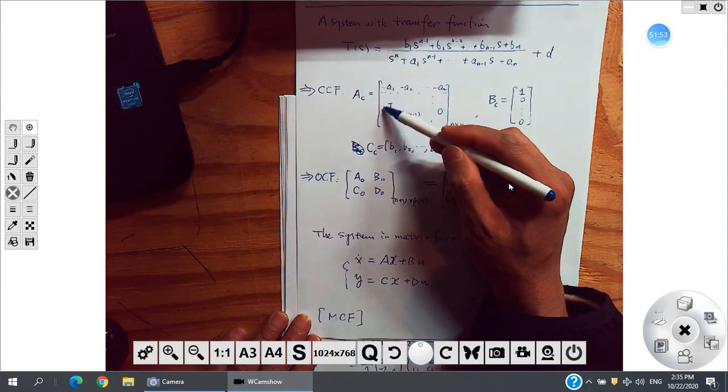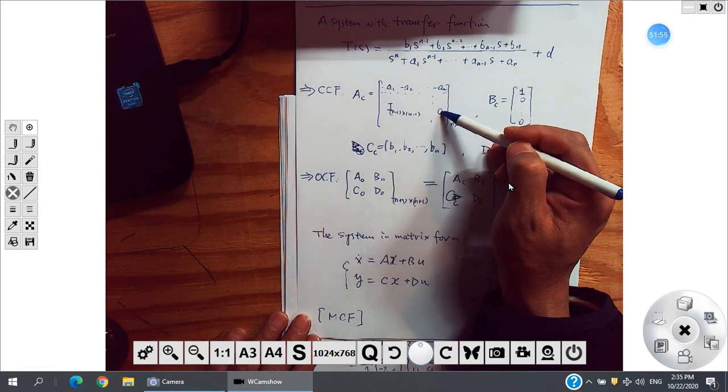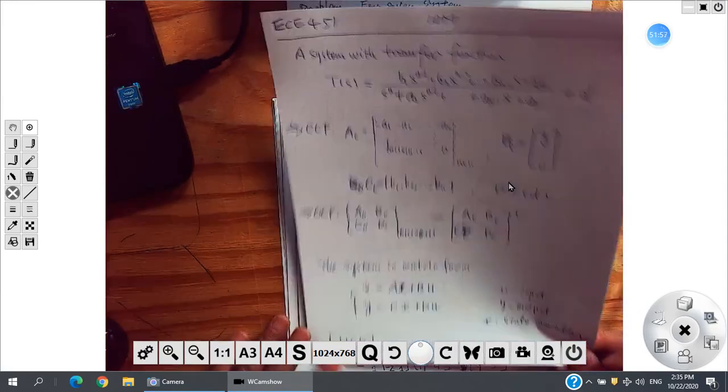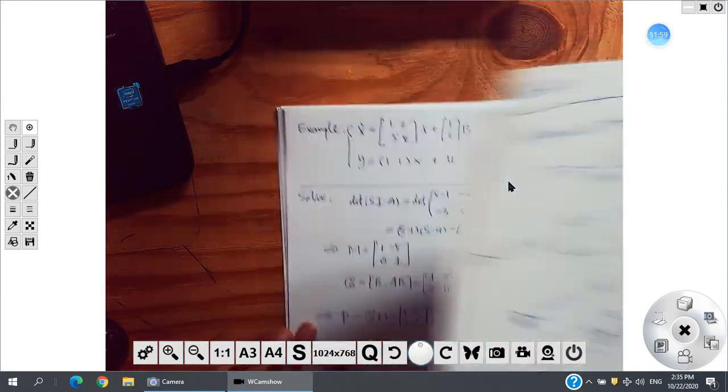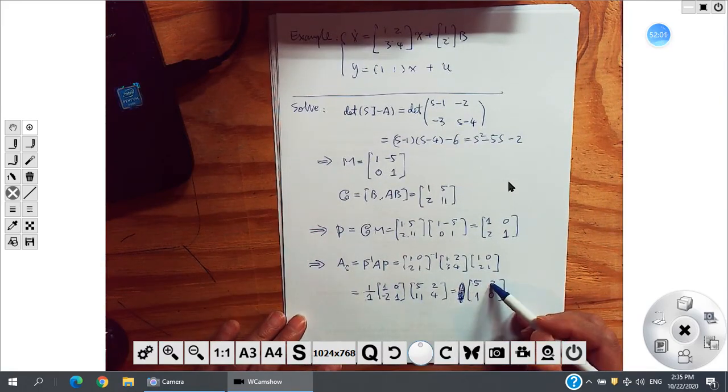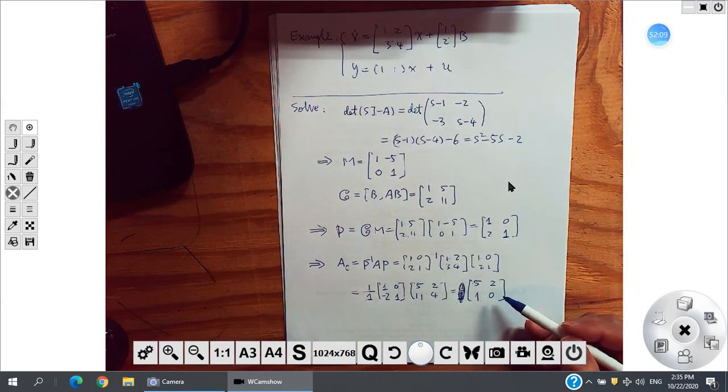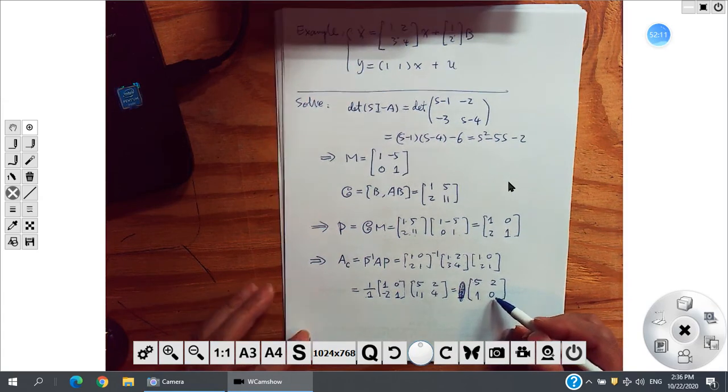Then here's the unit matrix, size 1, so just the one number. And here's a column of 0. Okay, so A is good, right? A is good. A is in CCF form.